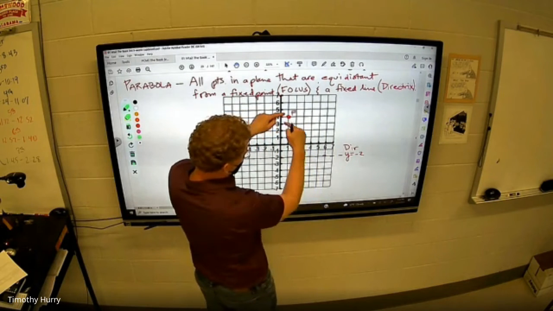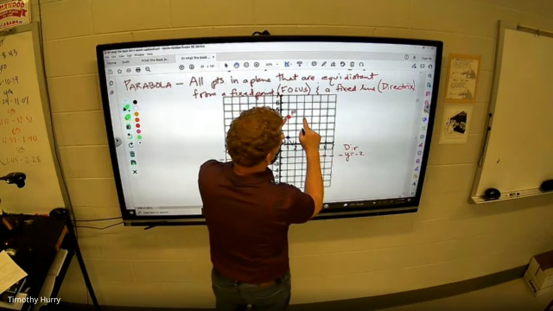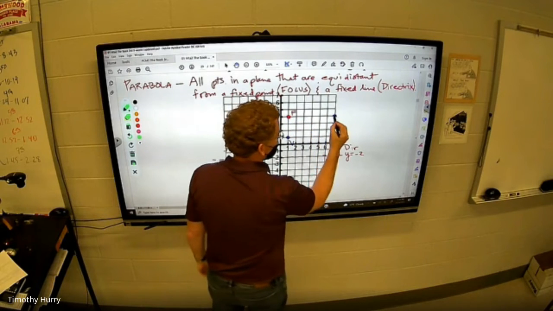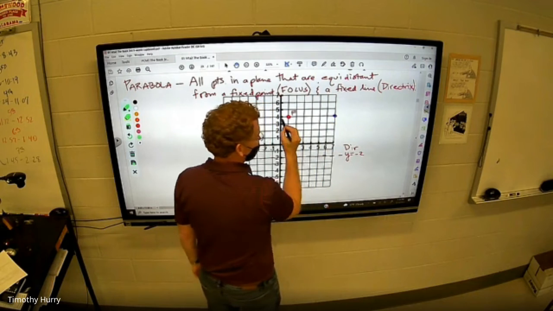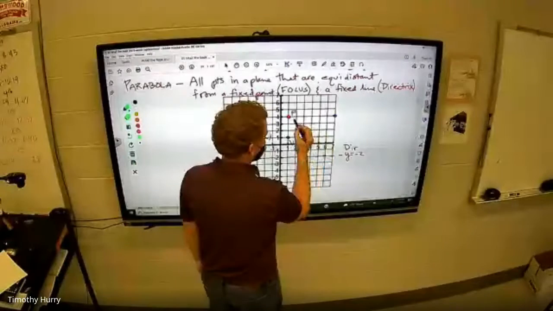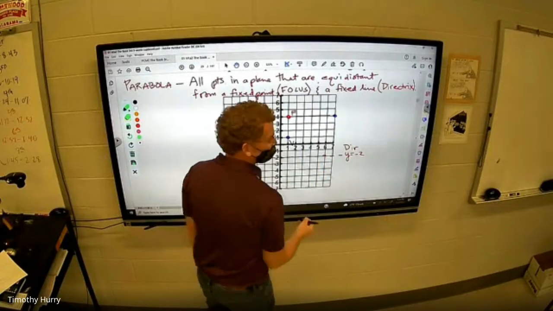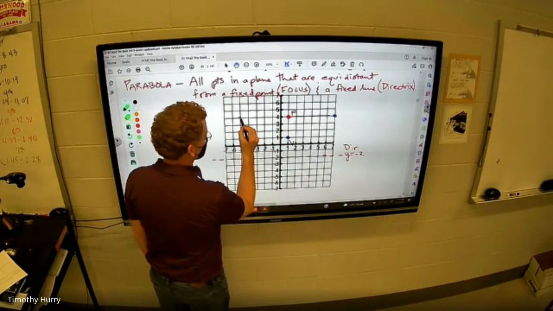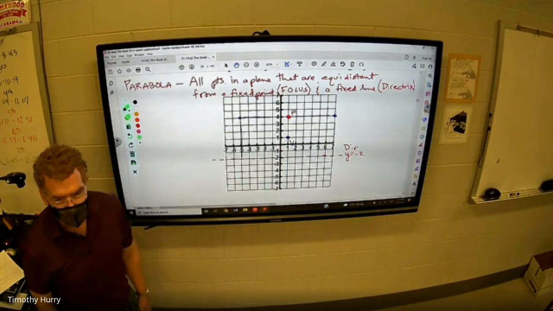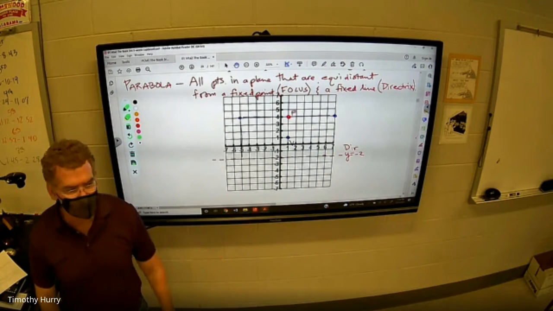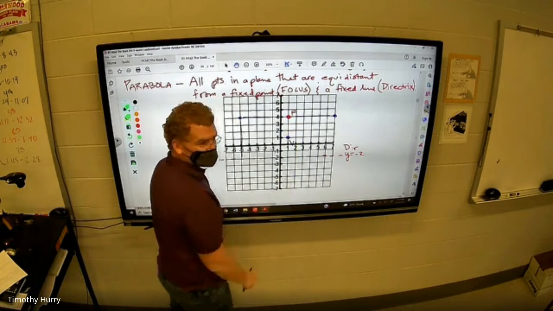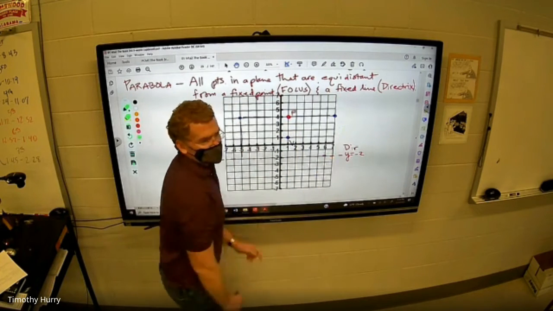If that distance is 6, if I went over 2, 4, 6, that point is the same distance right here. You can see it, 6, 6, right? So that point and that point is the same. And then if I did that over here, 1, 2, 3, 4, 5, 6, that point is the same distance there as it is there. And normally, those are the 3 points that I mark, because it just so happens that the distance from here to here is C, and that distance is my latus rectum.